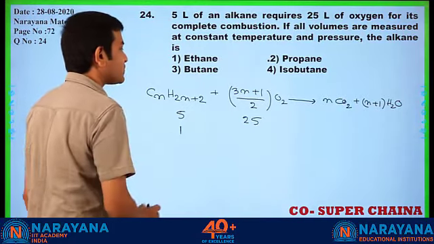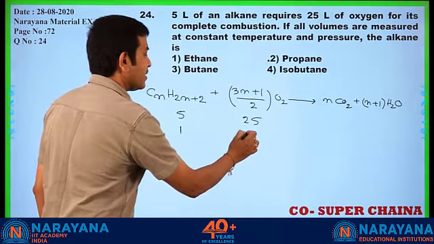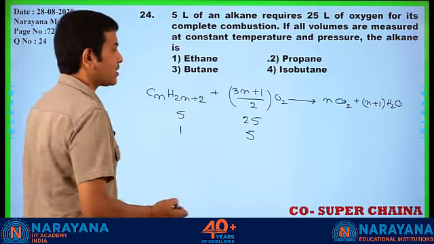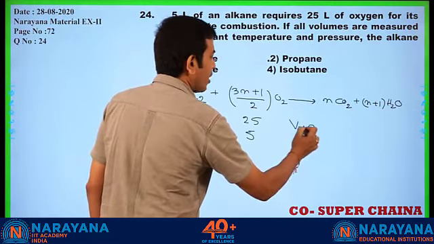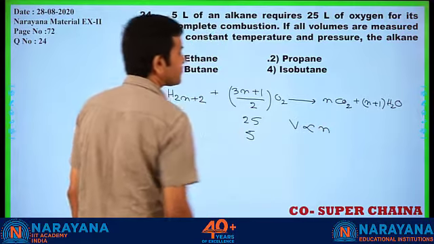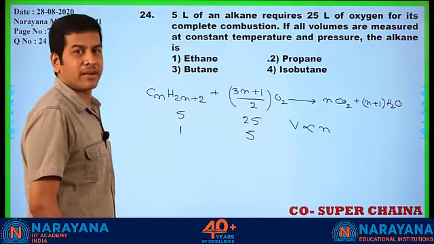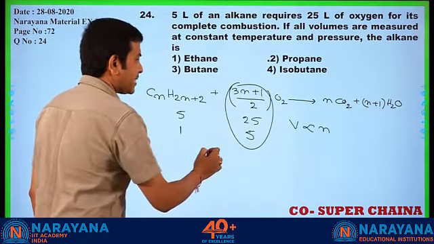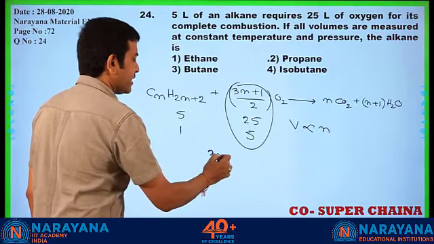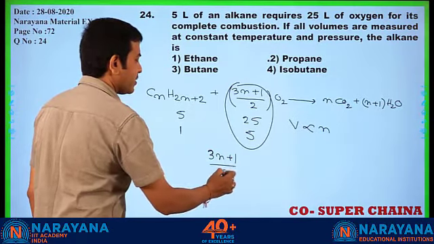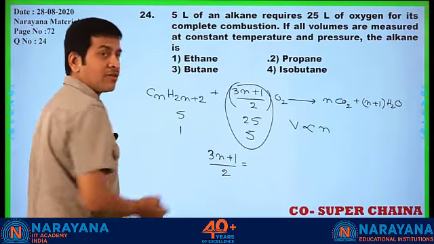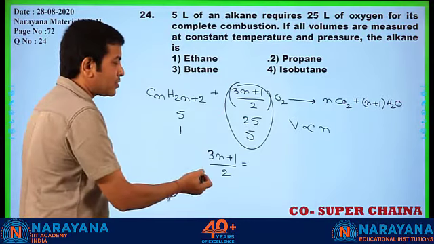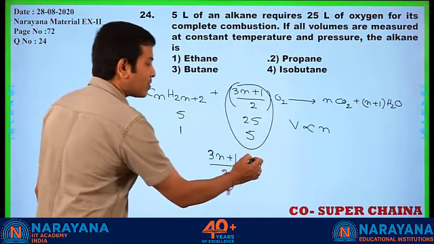For 1 liter, 5 liters of oxygen are required for complete combustion. You know that volume is proportional to number of moles. So (3n+1)/2 is equal to 5.